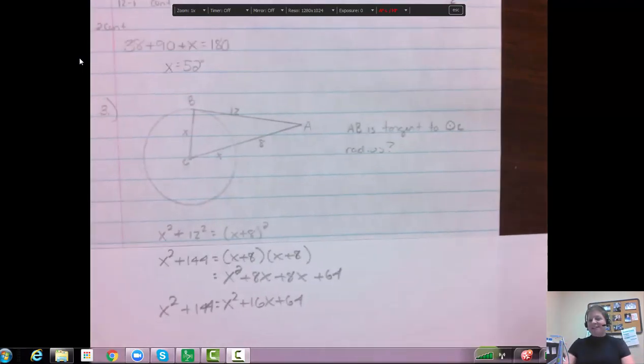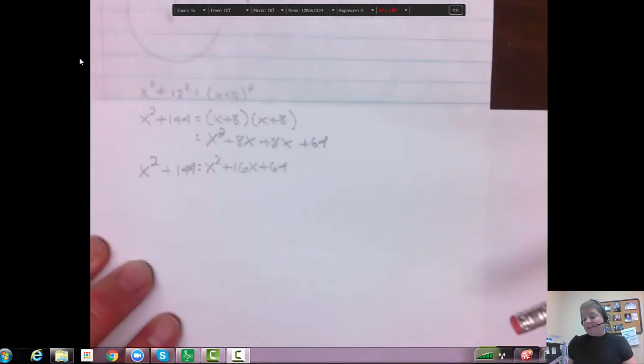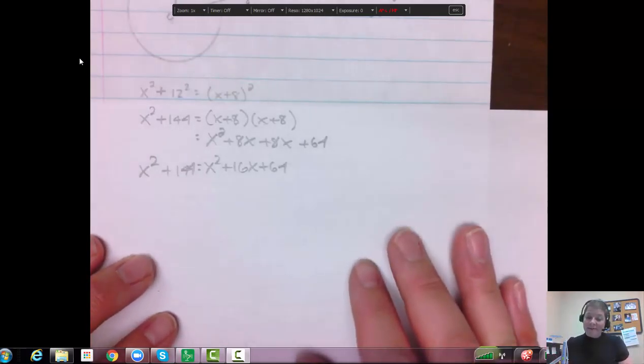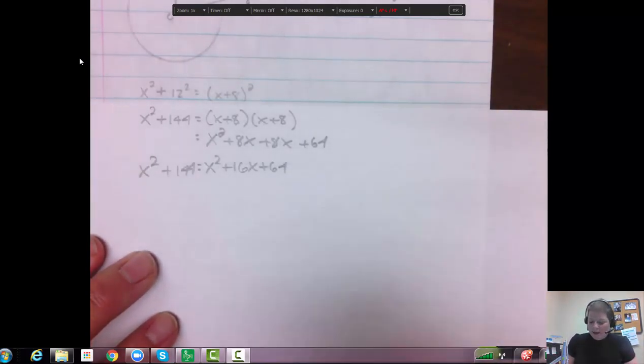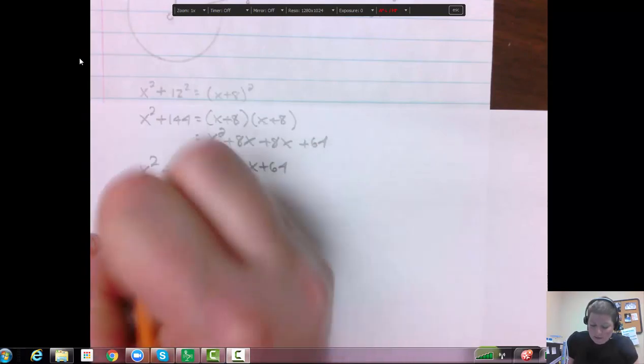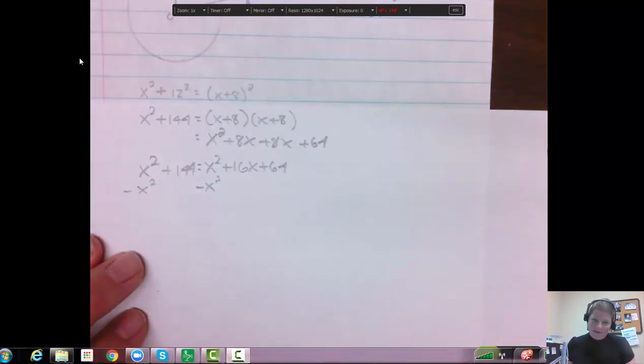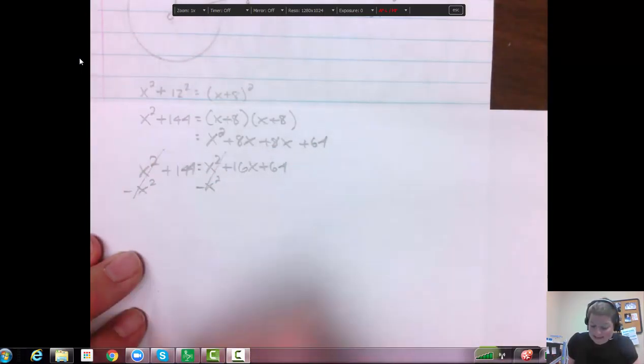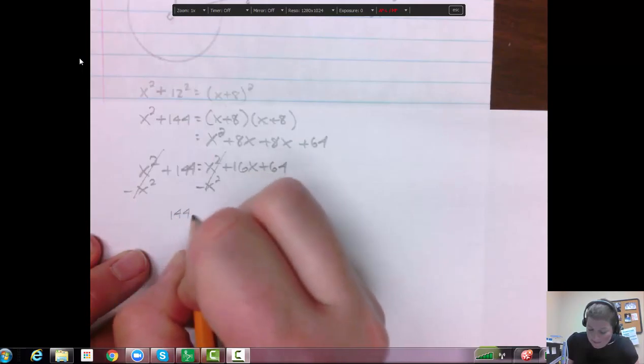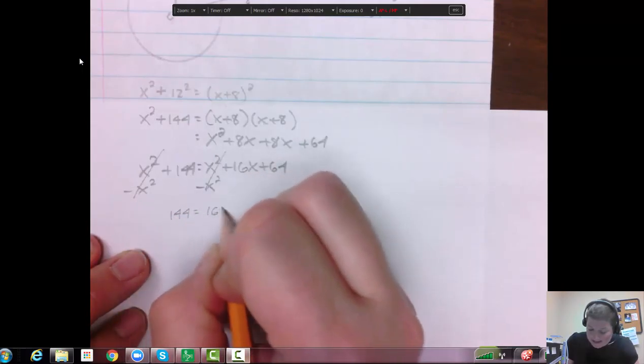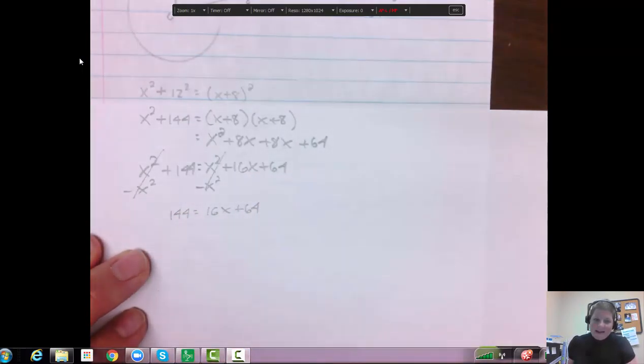Now, I was almost excited because I thought you had to use the quadratic formula again or something else, but unfortunately, you can subtract this x squared over and they cancel each other. I was kind of bummed because I thought you should have to use the quadratic formula. So these would cancel, and you have 144 is going to equal the 16x plus 64.